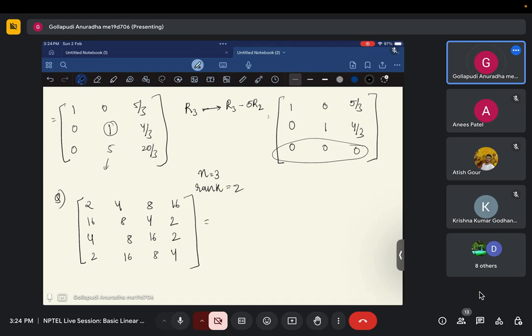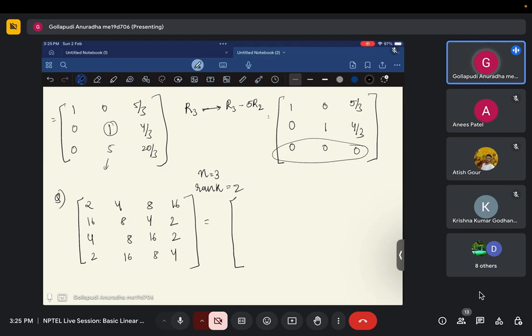Okay. So just to simplify this, I am dividing the whole thing by 2. So we can divide each element by, or multiply any scalar with the rows.